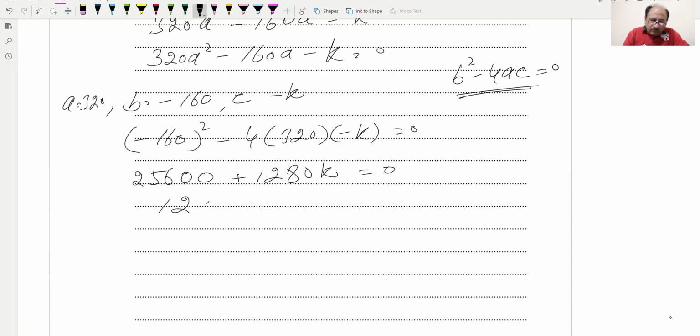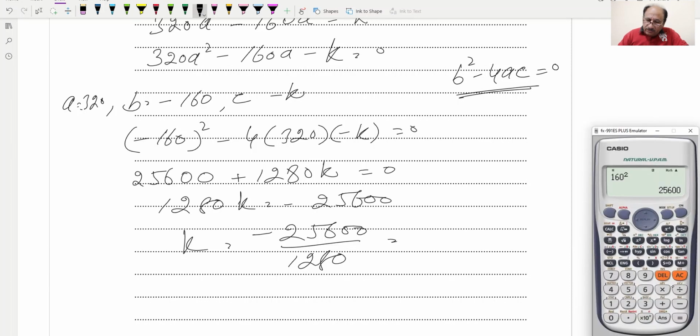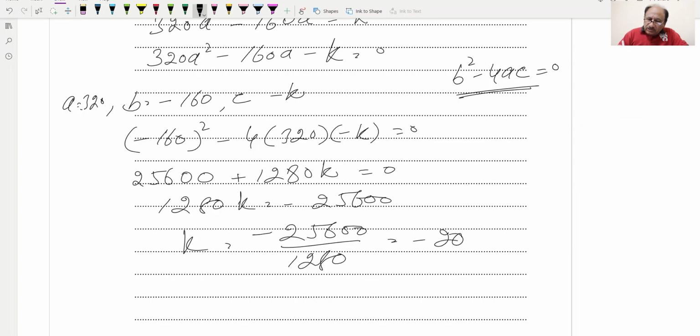So 1280k is equal to minus 25600, and k will be equal to minus 25600 divided by 1280, and this is equal to minus 20.